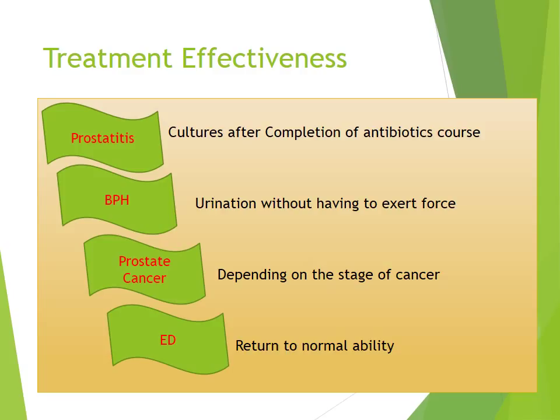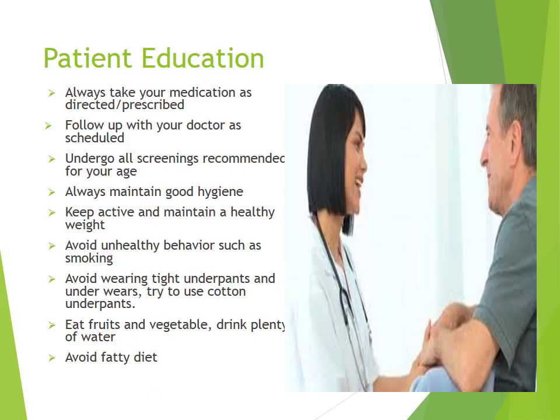Depending on the stage of prostate cancer, in the first and second stage it may heal with minimum treatment, but in the third and fourth stage, they may need prolonged treatment and follow up with the doctor. In ED, after the treatment, return to normal ability means the treatment is working well.